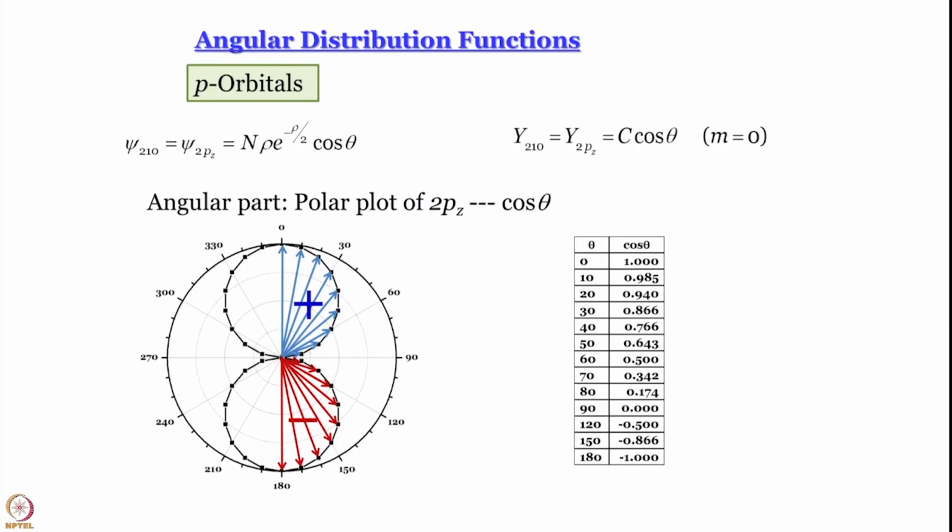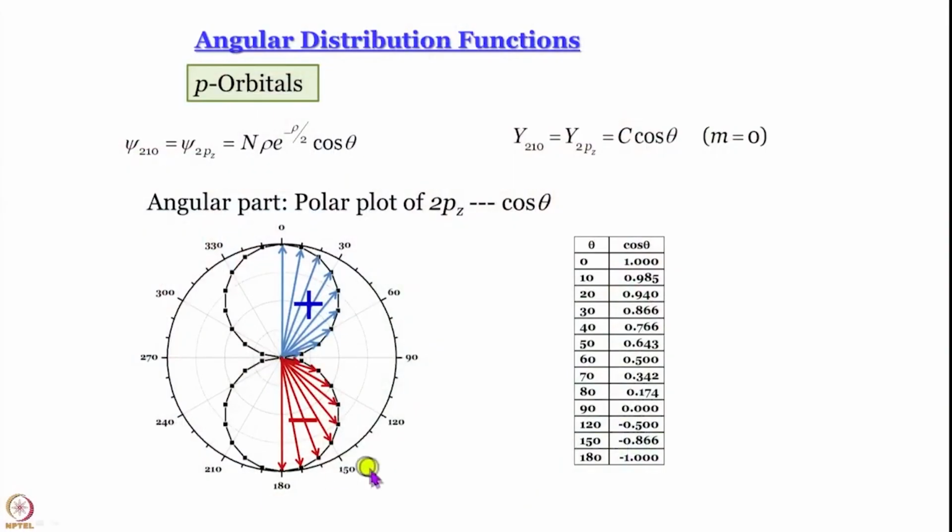Now, I would like you to look at this curve and think a little bit. This curve is valid for any value of phi, is it not? The plane that we have shown here is the plane where you have theta as one axis and a function of theta, cos theta in this case, as the other. Let us now consider a perpendicular plane, and let us say this angle is phi.